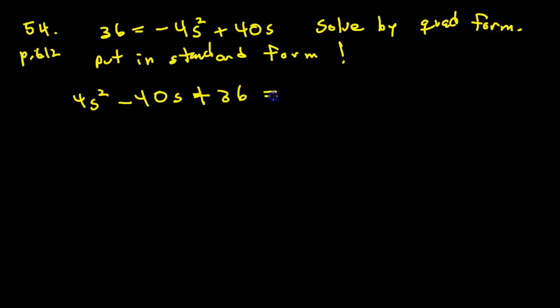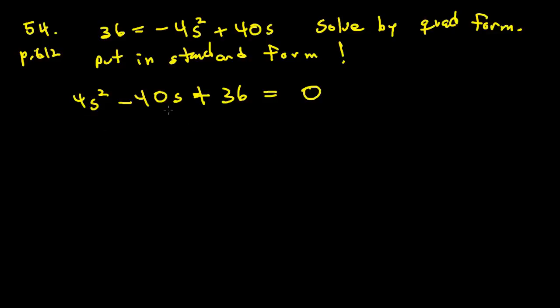36 was already on the left, so I'll get 4s squared minus 40s plus 36 equals 0. Okay? Now, I could jump right into the quadratic formula, but it will make for a nastier expression to simplify.